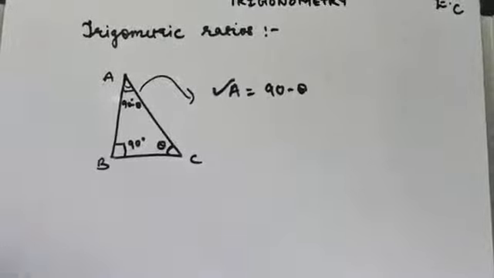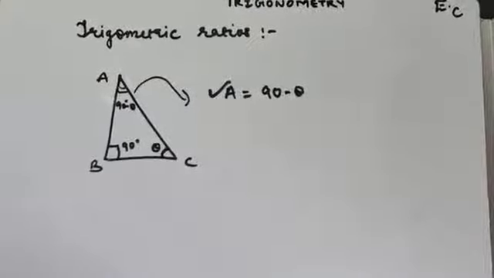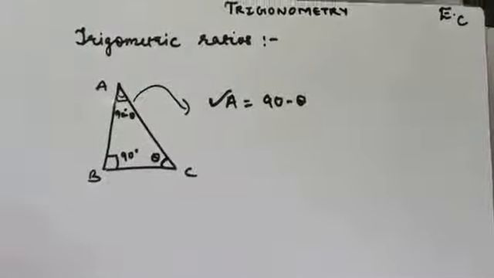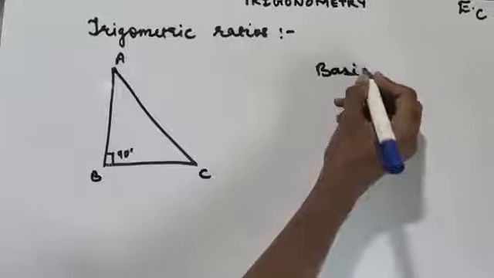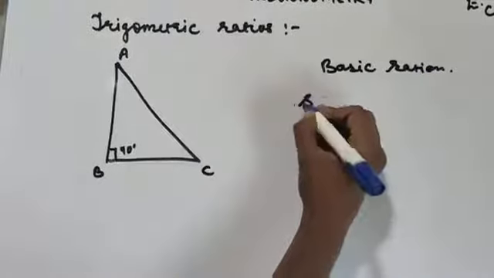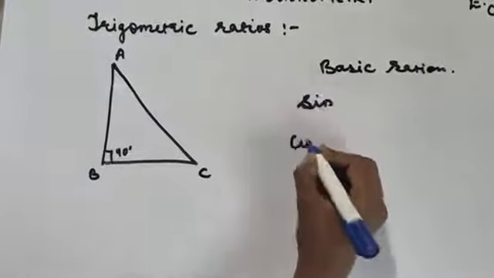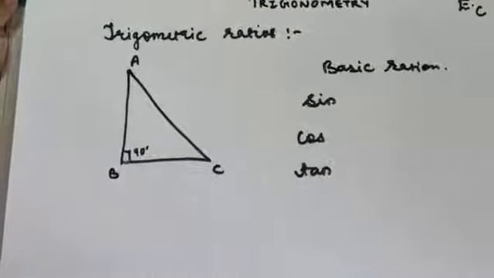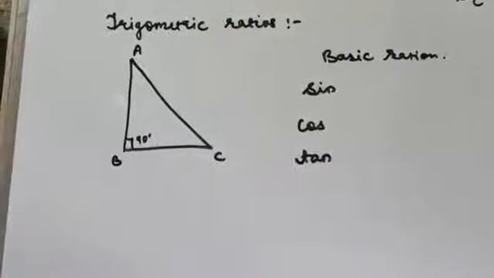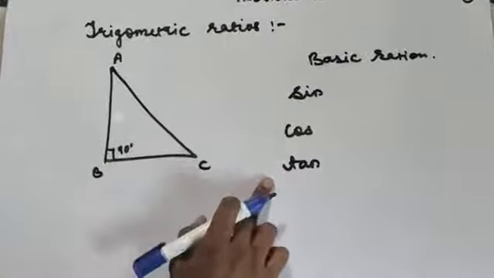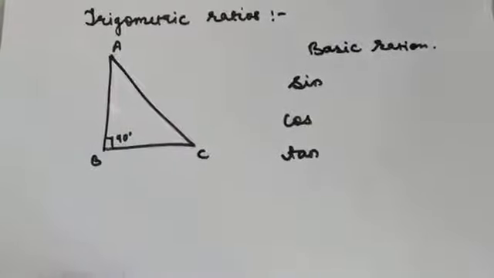Okay, now let's move on towards learning trigonometric ratios. So trigonometric ratios are sine, cos and tan. Okay, so we'll try to find out sine ratio, cos ratio and tan ratio for this triangle ABC.